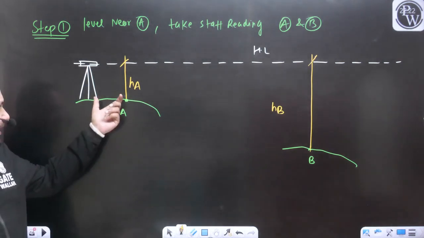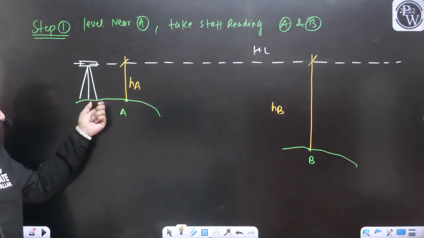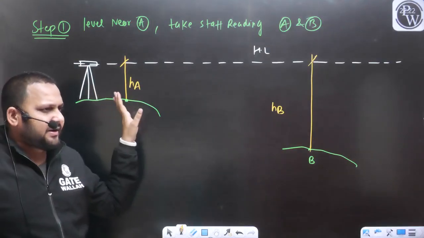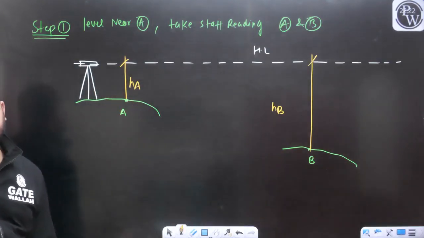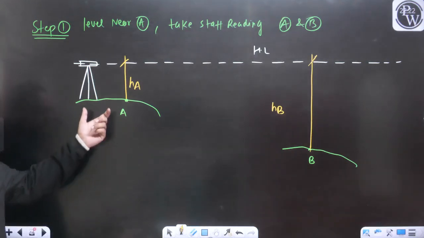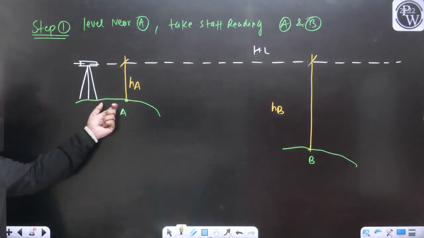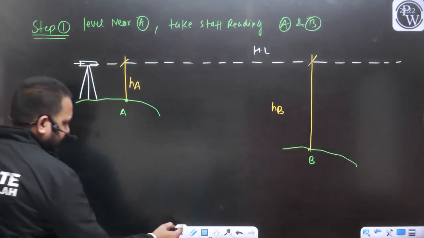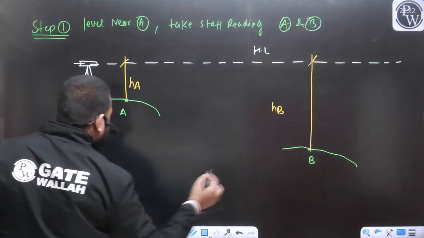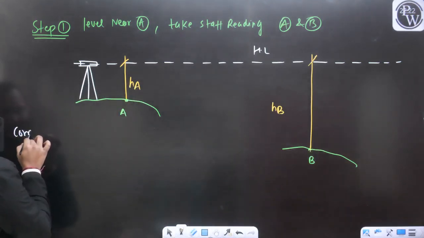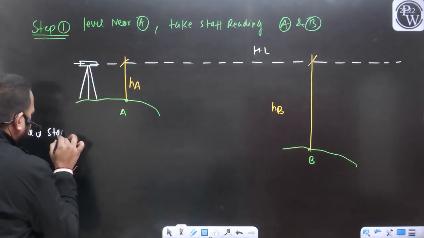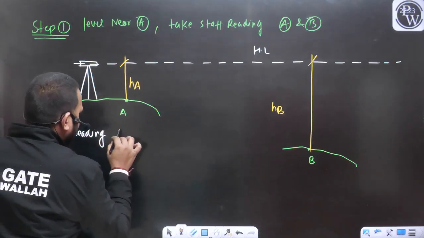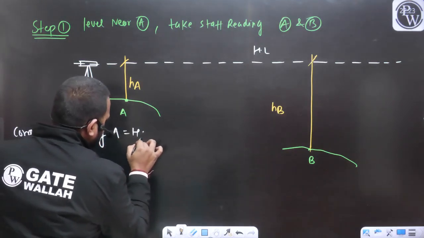As you can see, point A is very close to the instrument position. That means there will be very little error, and you can neglect that error because the distance between the staff and the level instrument is very small. So can I say the correct staff reading at A is going to be HA?